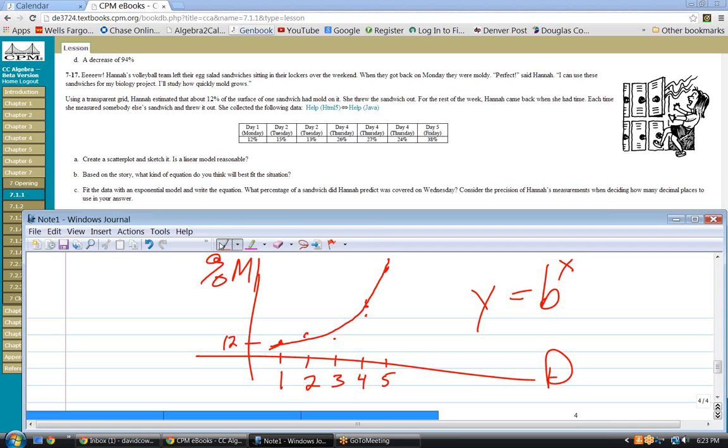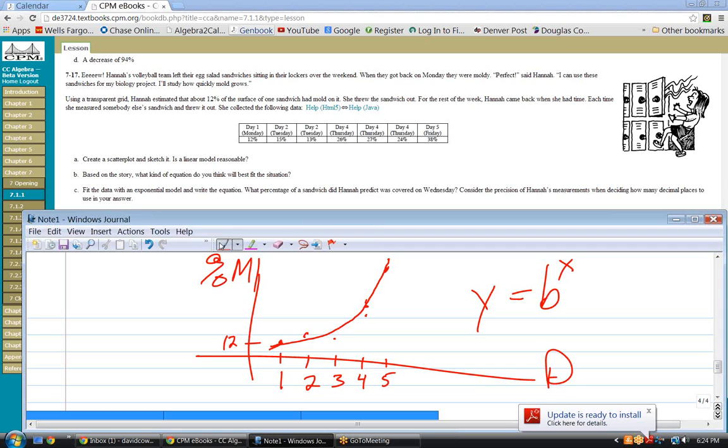As time goes on, any amount of radioactive material gets less. Eventually it just completely decays away. So you have two types of exponential behavior: exponential growth and exponential decay. This is clearly growth, which you would expect, because that's what happens to an egg salad sandwich when you leave it out. Bacteria and mold get on it, and they grow like wildfire.